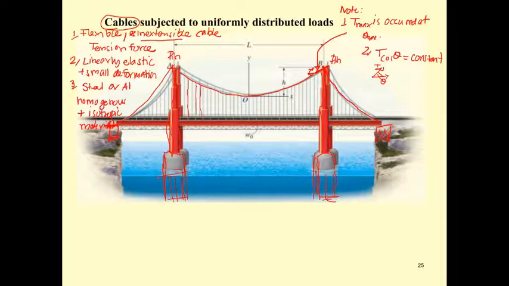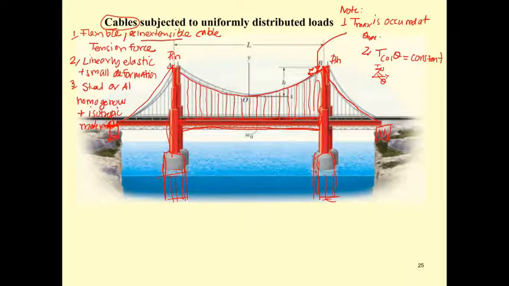Since the anchors here are many, the weight that will transfer from the girder to the cable will be uniformly distributed loads, as we have discussed before. So then finally they build the bridge deck between the columns and hang this bridge deck by the anchors.